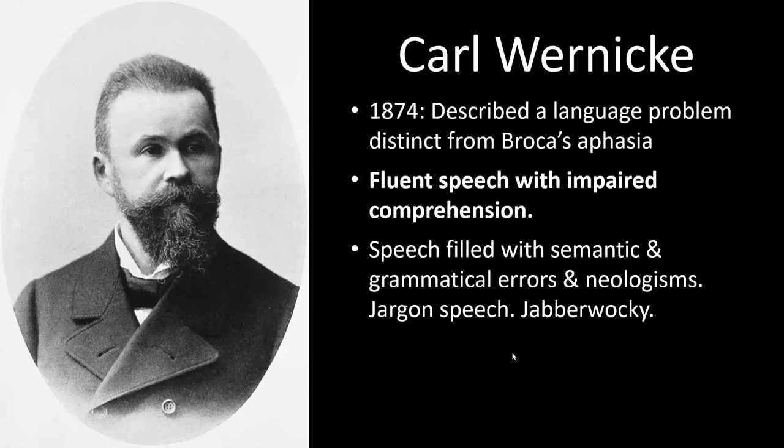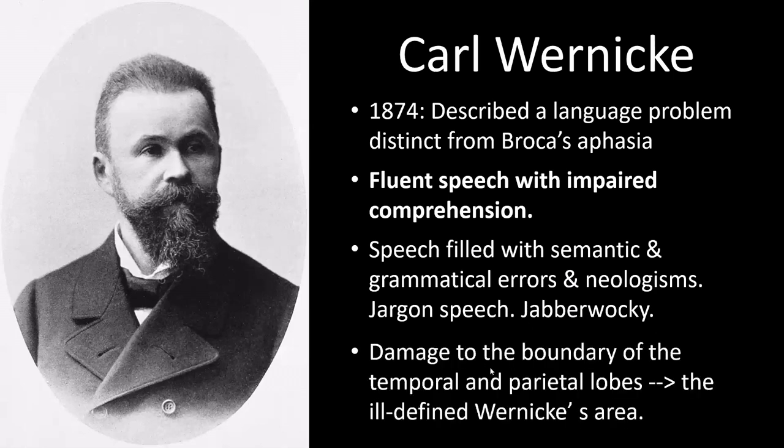And Carl Wernicke performed autopsies in several patients with this particular form of aphasia, and he discovered that these patients tended to have damage in the transitional zone between the temporal lobe and the parietal lobe.